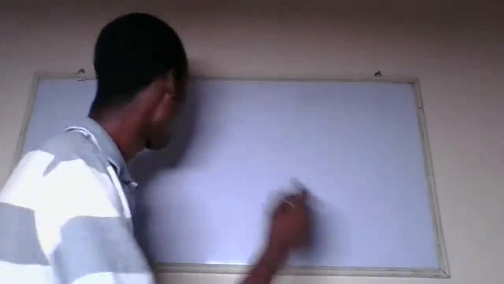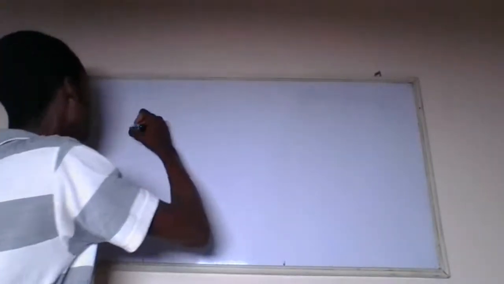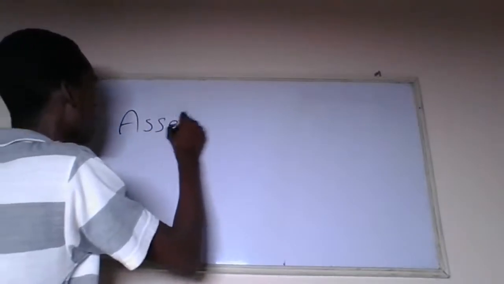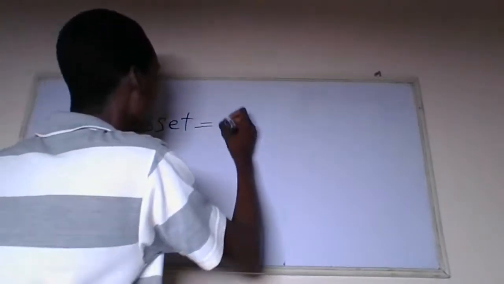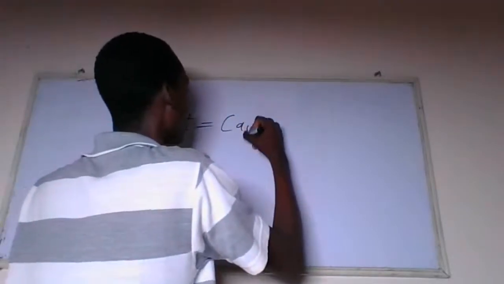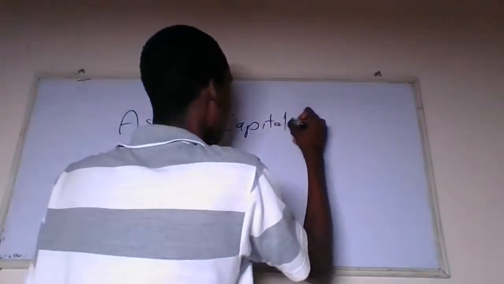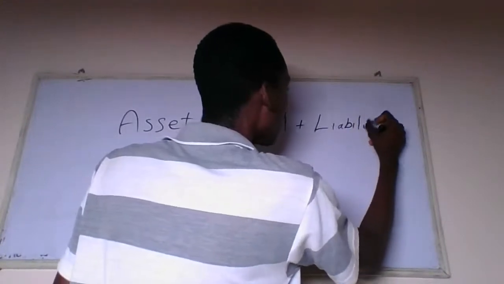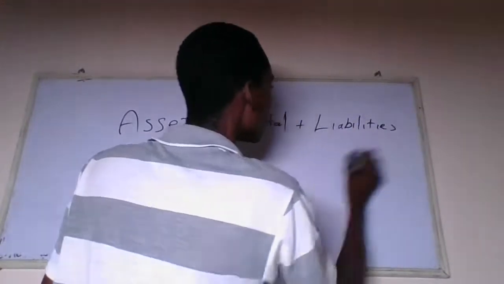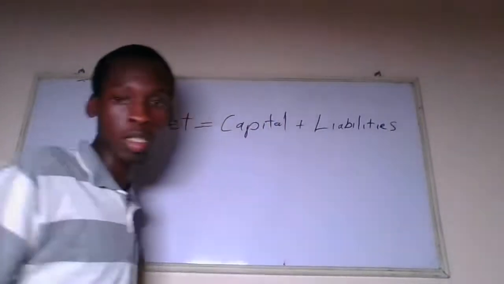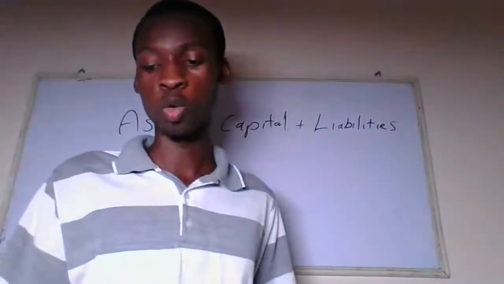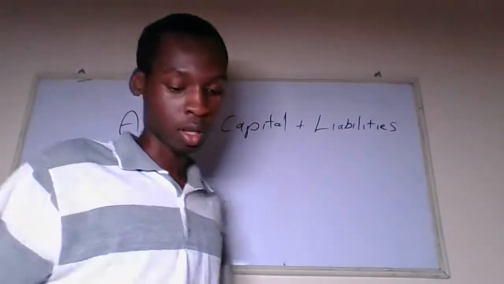There's an accounting formula that you should get familiar with, which is assets is equal to capital plus liabilities. This is the accounting equation that we are going to base everything we are doing in the balance sheet on.